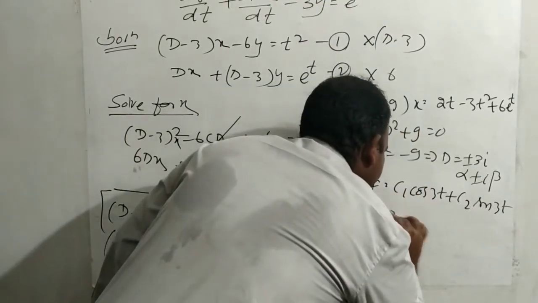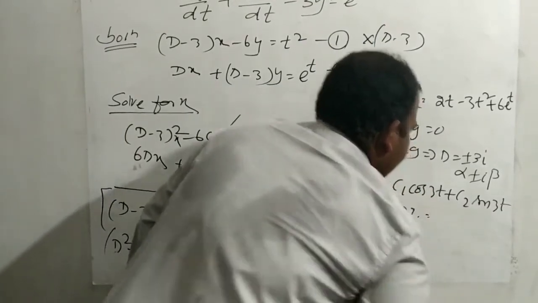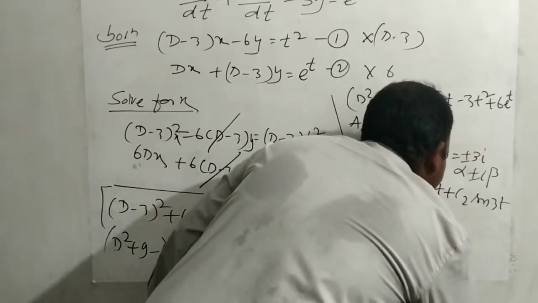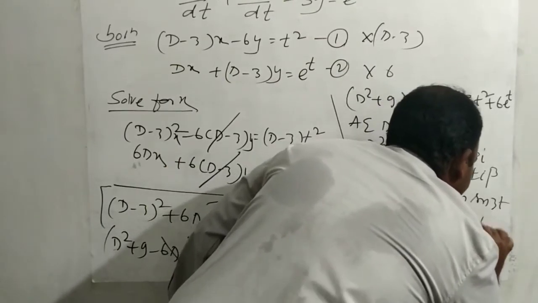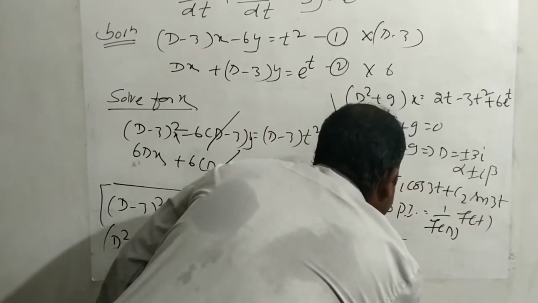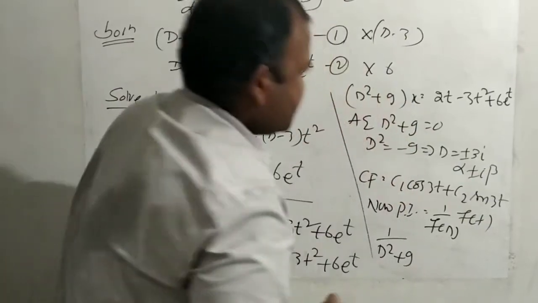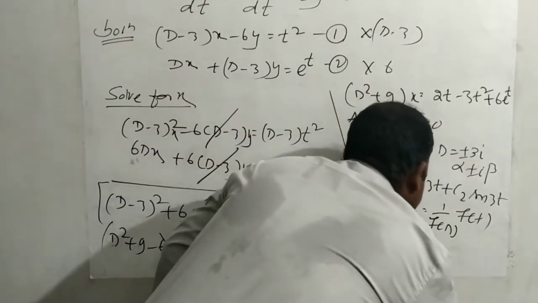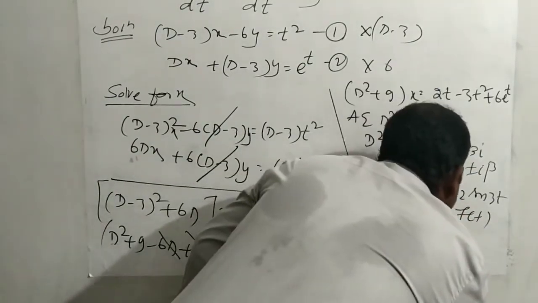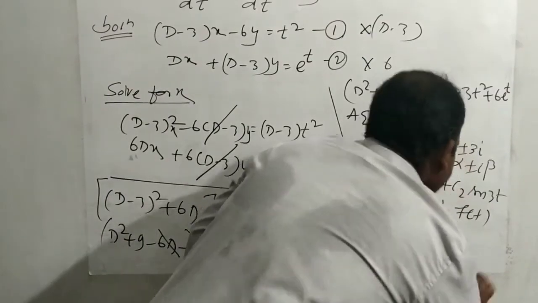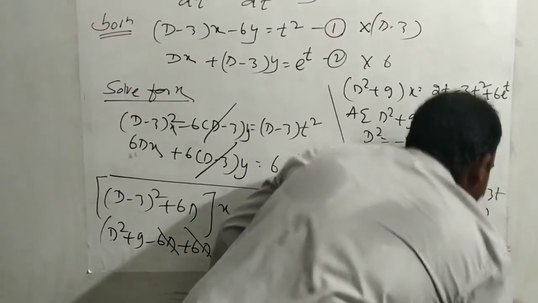Now you will find the PI, the particular integral, that is 1 upon f of d times the right side. So f of d is d square plus 9, and this is 2t minus 3t square plus 6 e raised to t.